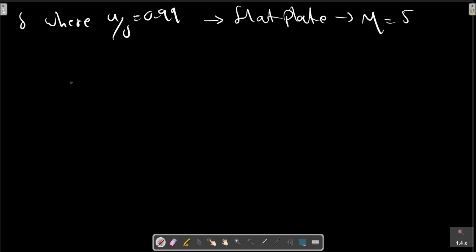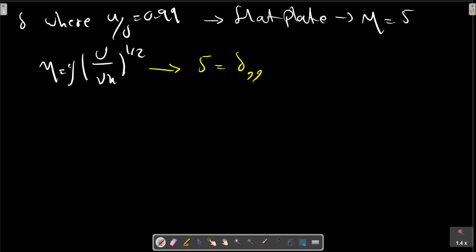From the relation for eta, we had eta equals y times the square root of U over nu x. So we can have this relation: delta equals 5 x over the square root of Reynolds number x.